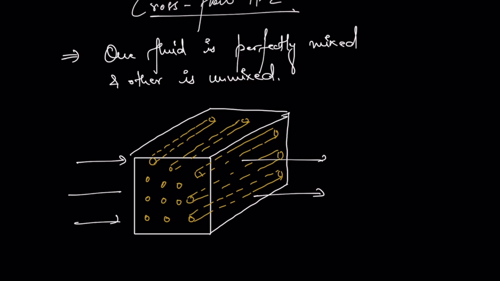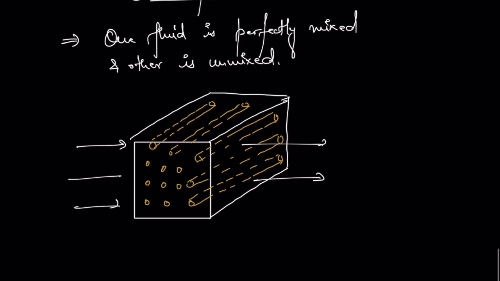And the other fluid is hot gases, let me name them. These are air and hot gases. So hot gases are flowing in these tubes, and they both are flowing at right angles to each other.